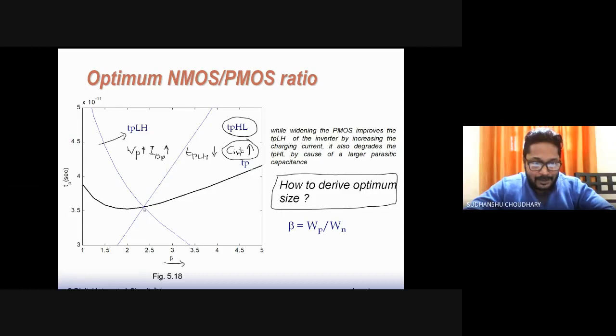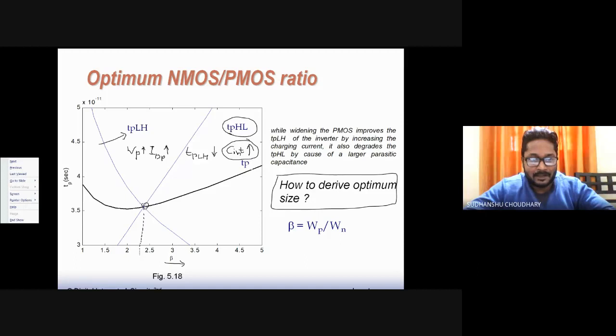Now, where these all three curves meet, we can say that this may be my optimum WP. That is, I should not raise my WP above this. At this point you will also notice that TPLH and TPHL are both the same, so my VTC will also be symmetrical, and high noise margins are possible. Though the delay you will find is smaller somewhere at this point.